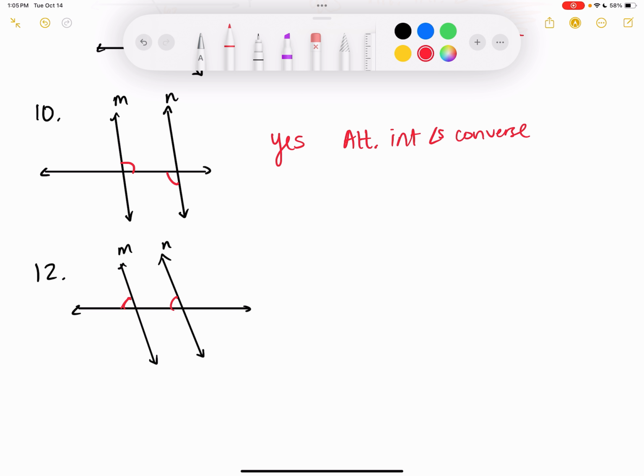Can we prove that these lines are parallel with the given information? Yes. Yep, so yes, the corresponding angles converse. So if those are congruent, then the lines have to be parallel.